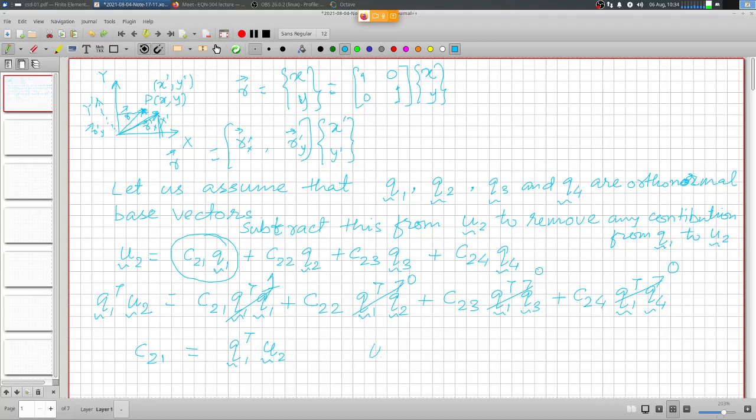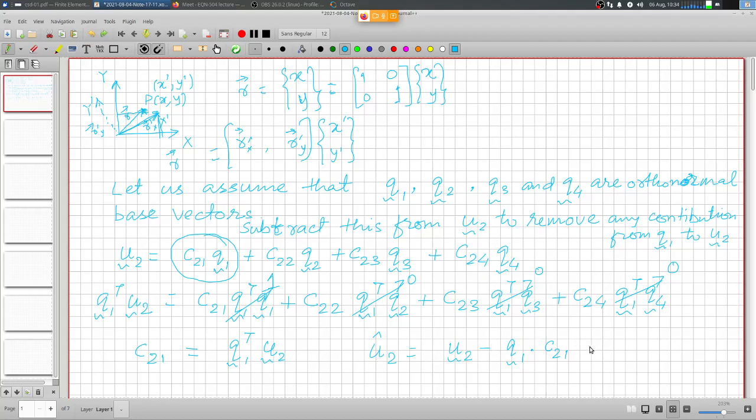So I define u2 hat as u2 minus q1 multiplied by c21, right? c21 is a scalar, so it really doesn't matter whether I put it before or after the vector.